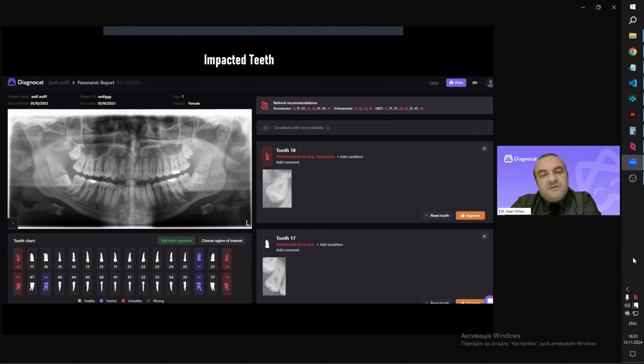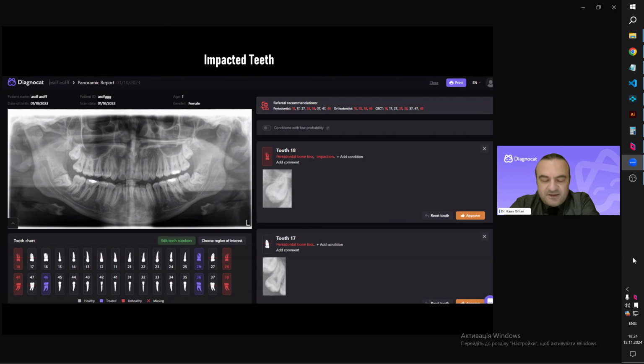Another example that we can diagnose in 2D and 3D fashion is impacted teeth. As dentists, as all of you know, we face third molars, and extraction of a third molar is routine in our daily practice.